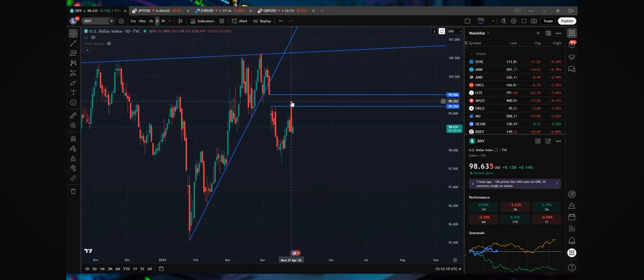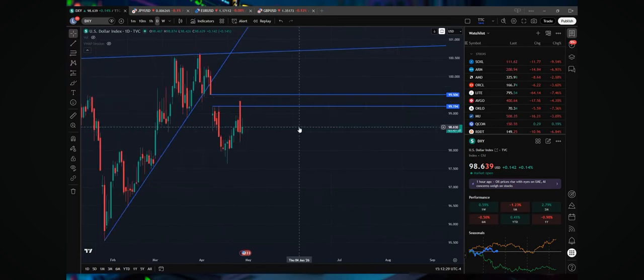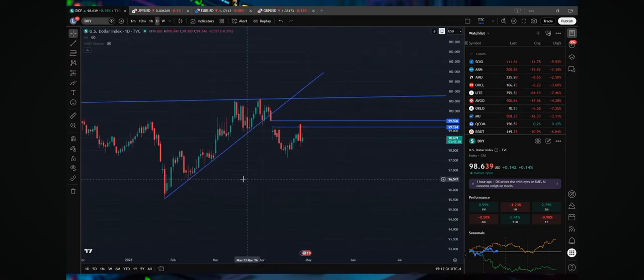You saw yesterday we got as high as 99.3, never quite got past that 99.5 gap fill. That was a clear level of resistance. Pulled back just shy of it, but broke a clear upsloping trend line, which is bearish. The DXY, since our last video, has slipped a little bit, trading around here.